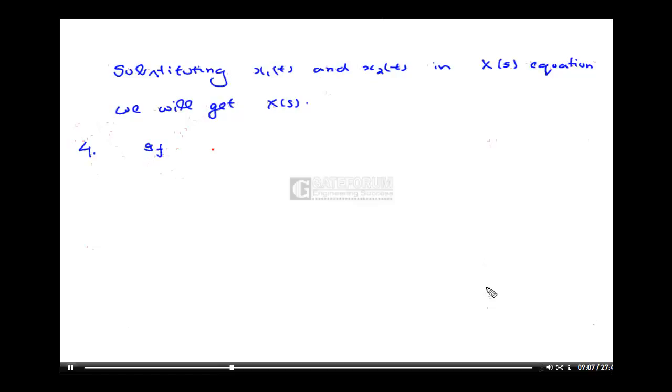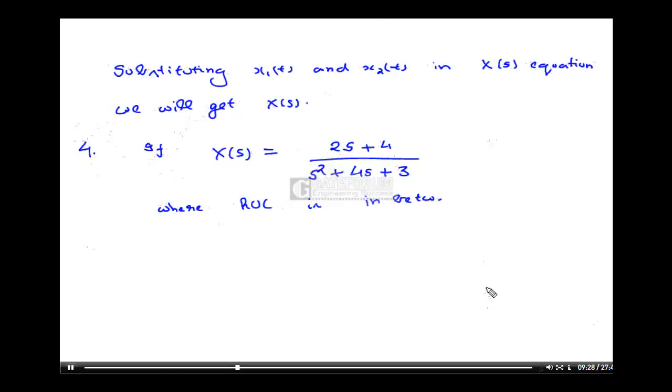If X(s) is equal to (2s plus 4) upon (s square plus 4s plus 3), where the ROC is in between minus 3 comma minus 1.